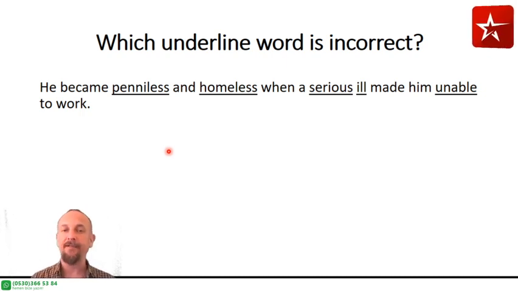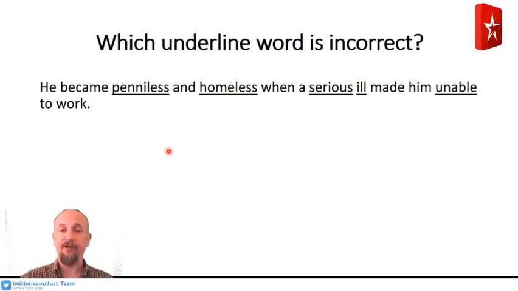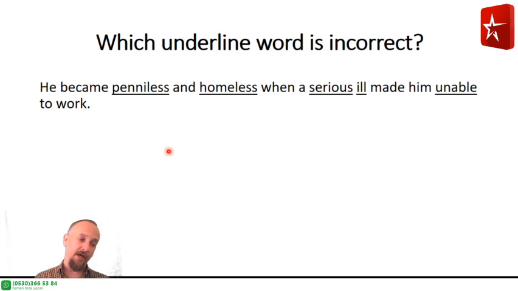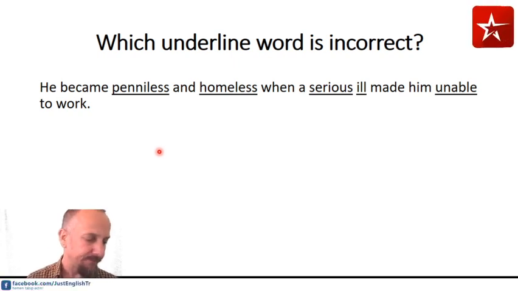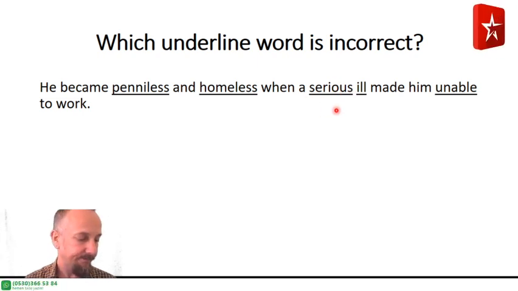He became penniless and homeless when a serious ill made him unable to work. Everything sounds correct when I say it. Oh, nice go, Beren. No, not serious. Oh, wait a minute. Not seriously, no. That's not correct.